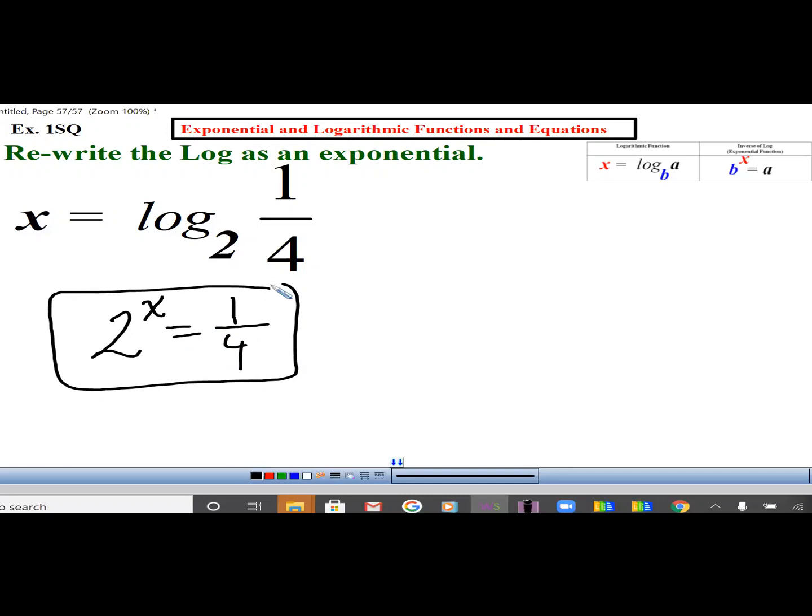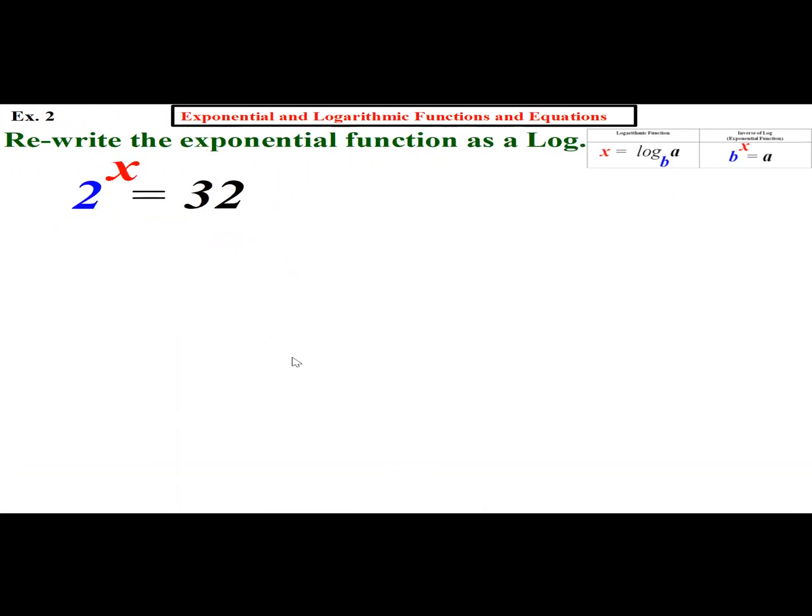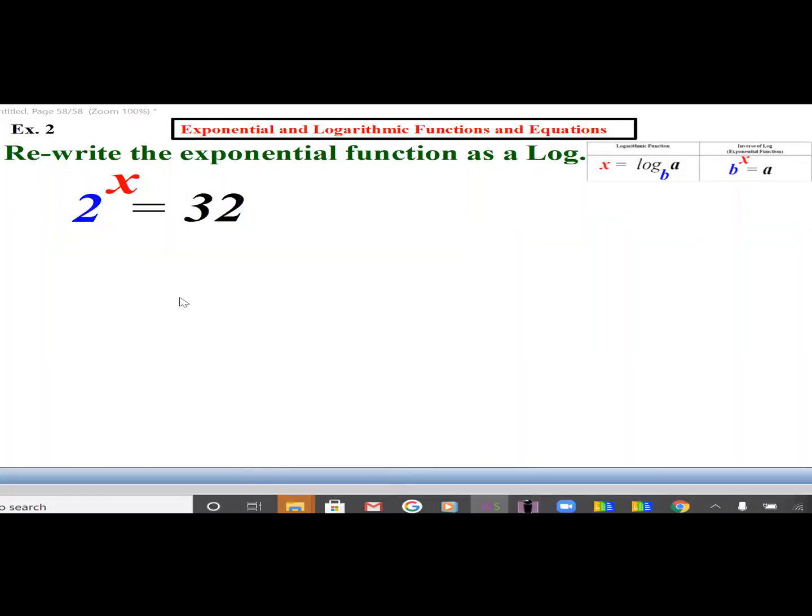So now that we got enough practice, let's see if we can go backwards from exponential to writing a log. Example 2, it says rewrite the exponential function as a log, and they give us base 2 to the x exponent equals 32. Here's how to write it as a log.